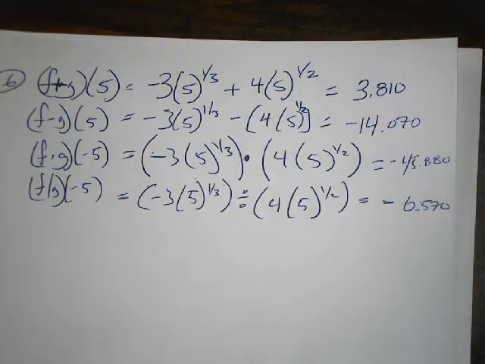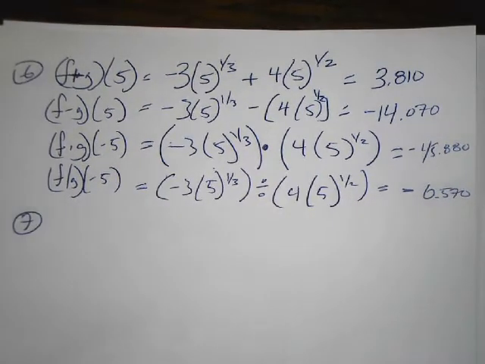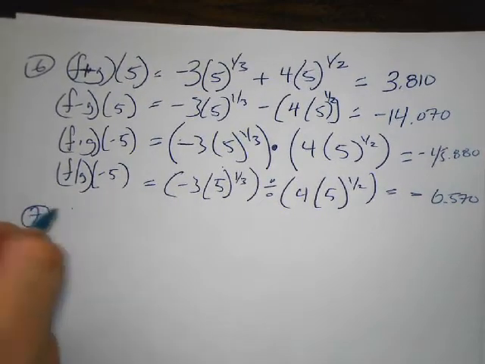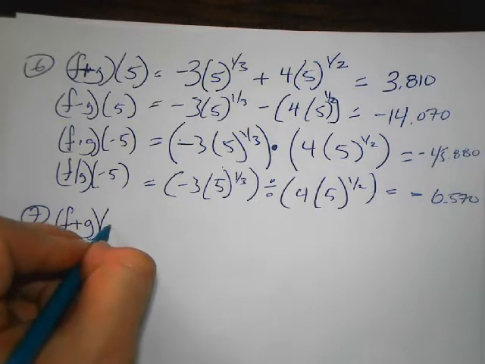There's number 6, and number 7 goes equally as fast. It's the exact same thing. We're just going to switch out equations. Again, the practice here is to make sure that you can do this on your technology when they ask you this on the quiz and test. So we have f plus g at positive 5.